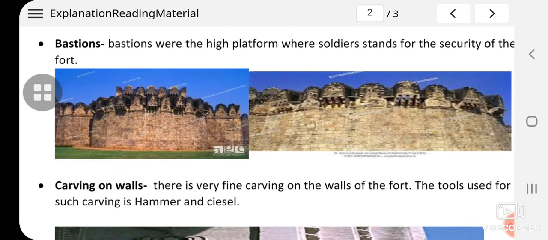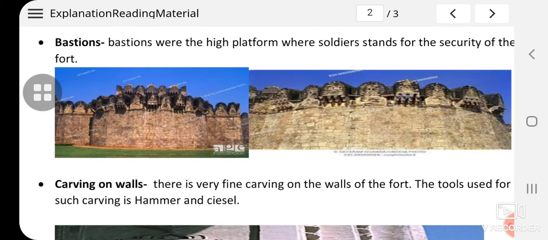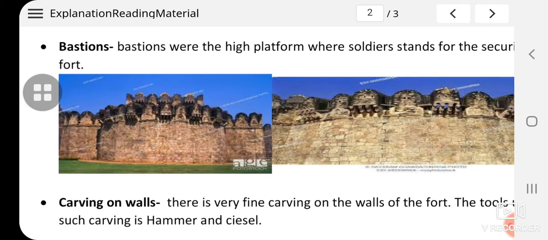Then here is the picture of the bastions. Bastions were high platforms where soldiers stand for the security of the fort. Here you can see the wall is so big, so high, and then the bastions, some architectural structures which come out like windows, no?